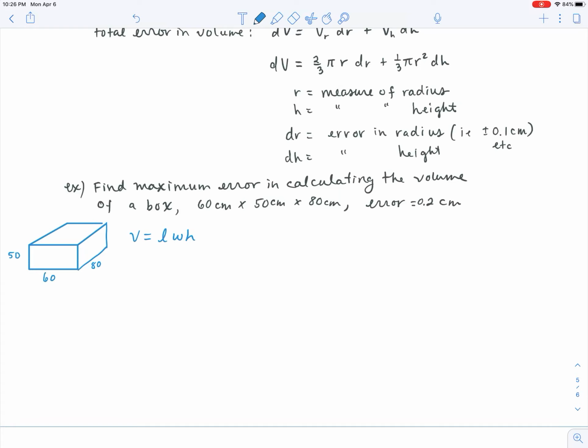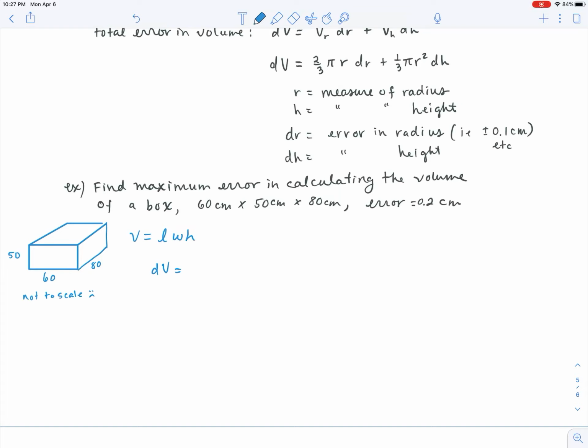We'll call this the 80 and we'll call this the 60. Obviously the 60 looks double the 50, so it's not to scale. So we start with the volume and then we find the total differential.